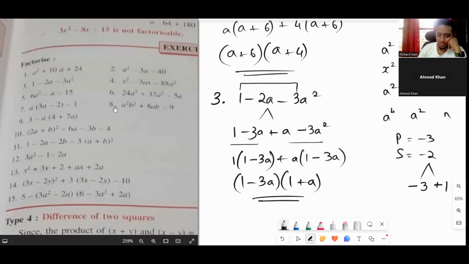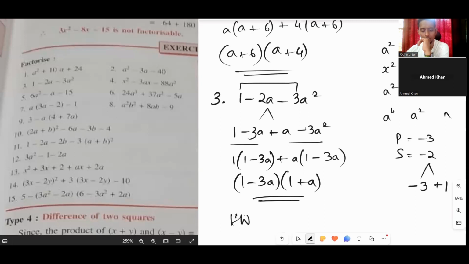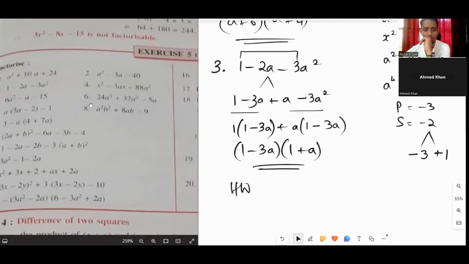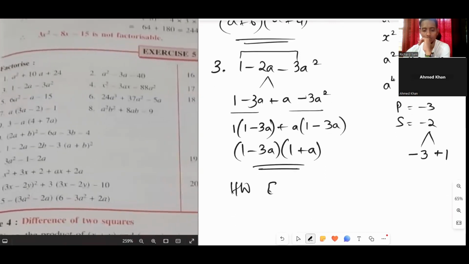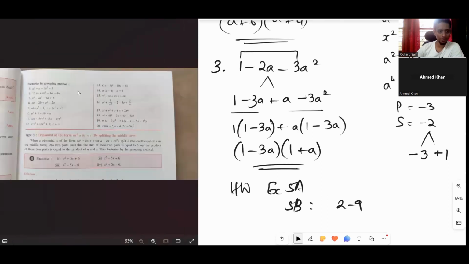Till this 8th question will be your homework. In your book, what's the number? 9. So 2 to 9. Five A, what was your homework?